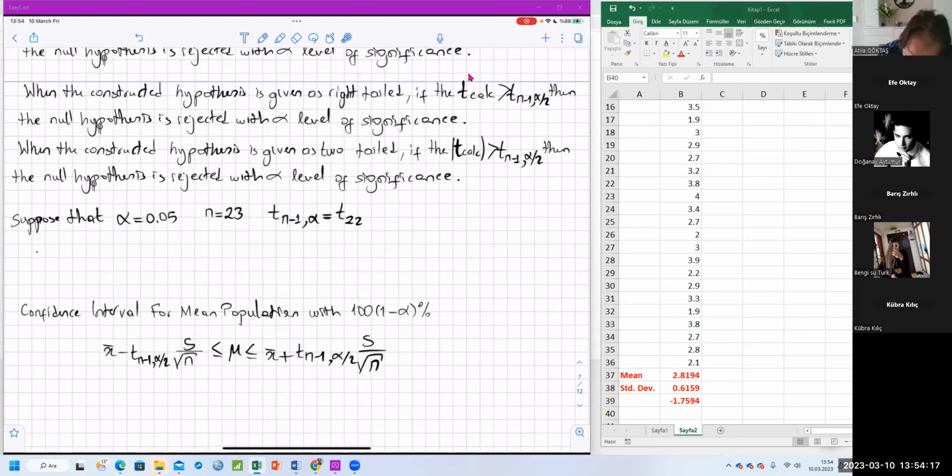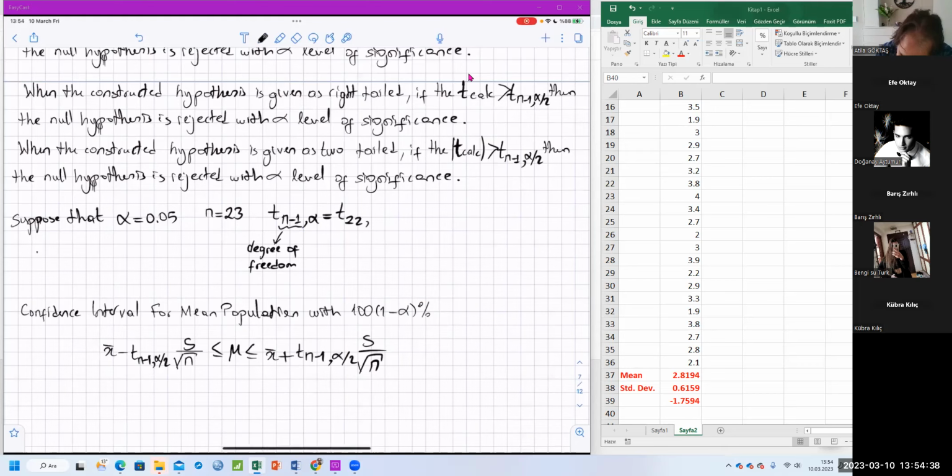So in this case, if the sample size is 23, the degree of freedom will be 23 minus 1, so the result is 22.